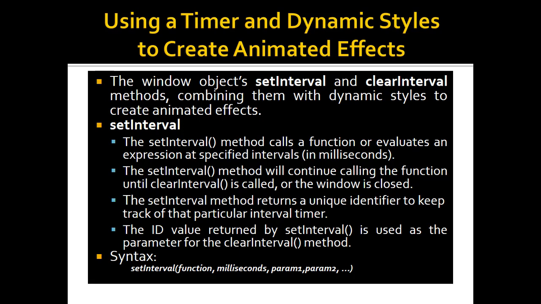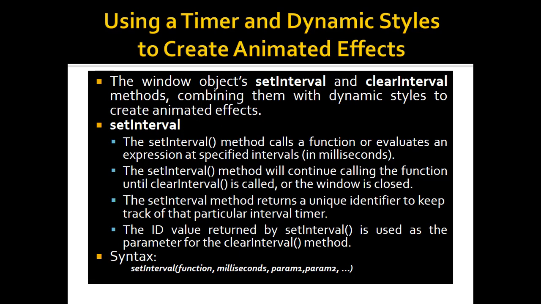First one, the function setInterval. The setInterval method calls a function or evaluates an expression at specified intervals. Here we need to provide an interval and a function for this setInterval function. Then that function will get called at that interval. These intervals are given in milliseconds.